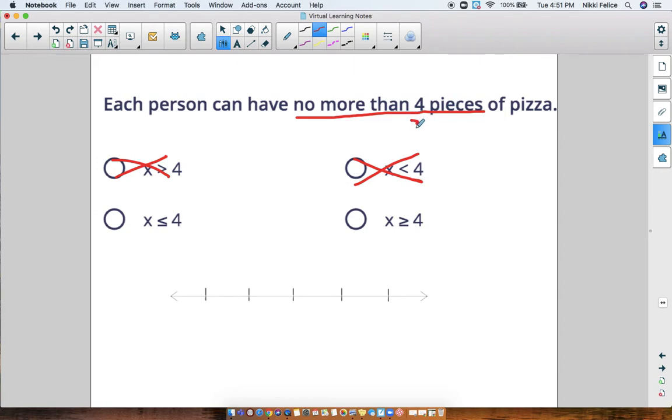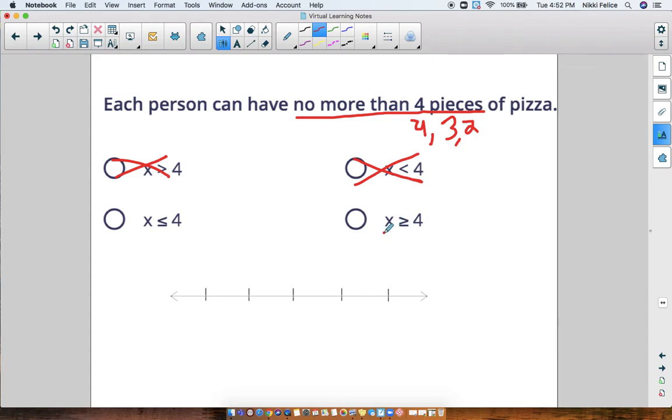I could have 4 pieces. I could have 3 pieces. I could have 2 pieces. I could have 1 piece, but I cannot have more than that. So whatever X you choose needs to show that you're having less than or equal to 4 pieces of pizza.